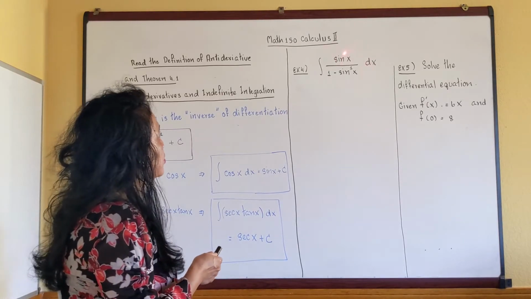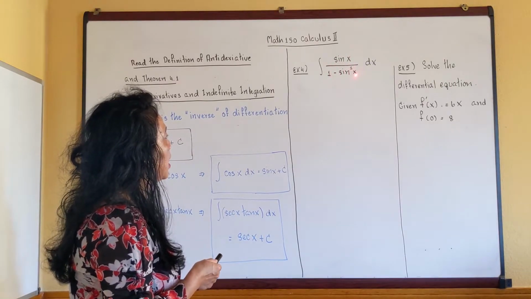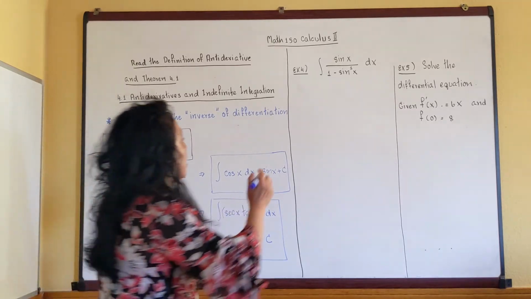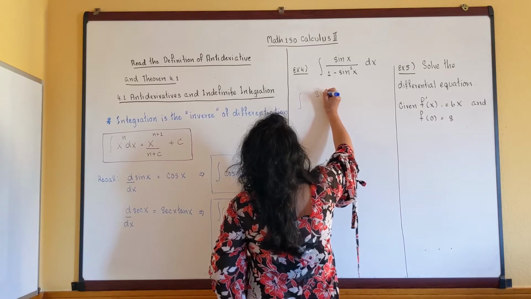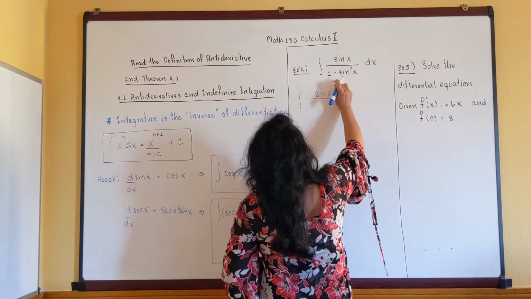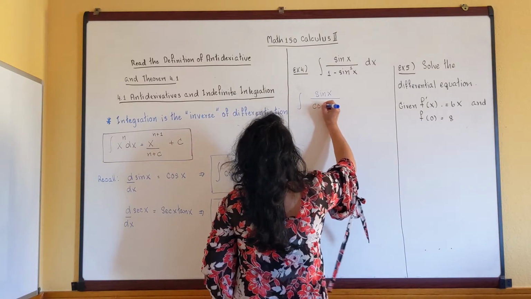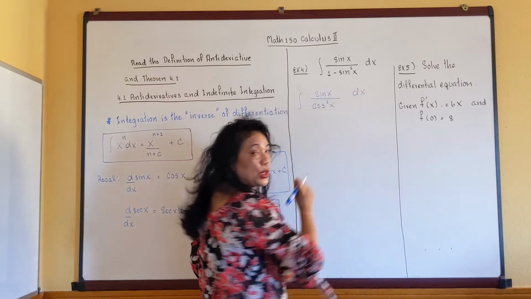This is a trig function, and I have an integral of sine of x over 1 minus sine squared of x dx. So I'm going to rewrite this. I'm going to have an integral of sine of x over cosine squared of x dx, since 1 minus sine squared of x is cosine squared of x, from trig.